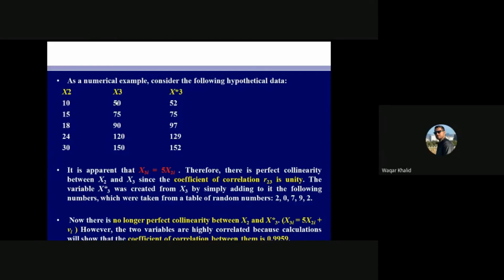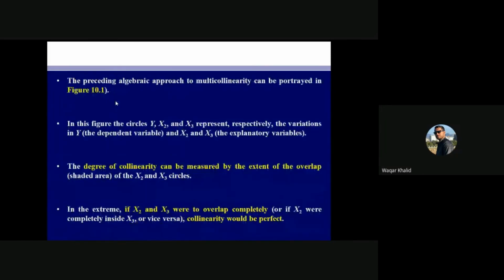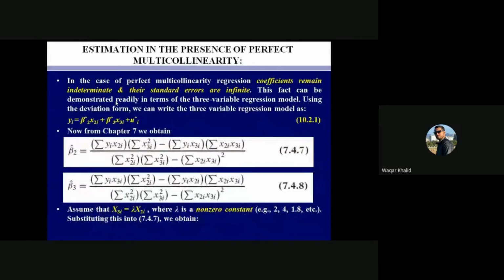That's why I am saying that if the value of vi is very, very small, or sufficiently small, or even if we can neglect this value, it means that we are going back towards the previous case, the case of perfect multicollinearity. This is beta 2 and beta 3. If x2 and x3 are perfectly linearly related with each other, it means we cannot estimate beta 2 and beta 3. Is it okay? Yes, of course.